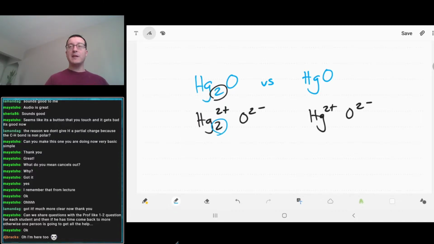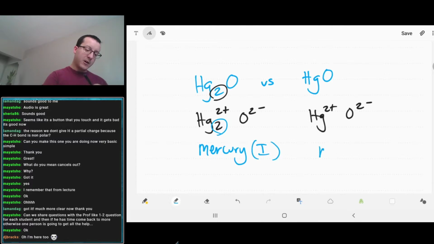So if you see that little 2, that's how you're going to know it's mercury 1. Mercury 2 does not have the subscript there. Okay, so hopefully that clarifies that bit. That's the only difference between those 2 ions. So you just have to notice if that subscript 2 is there or not.